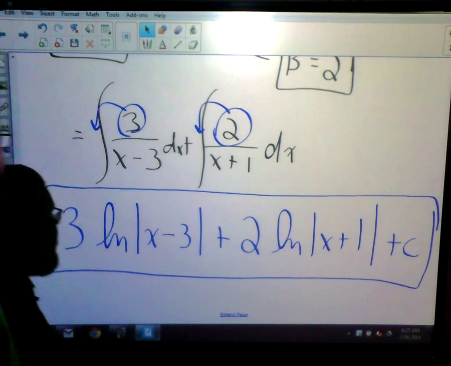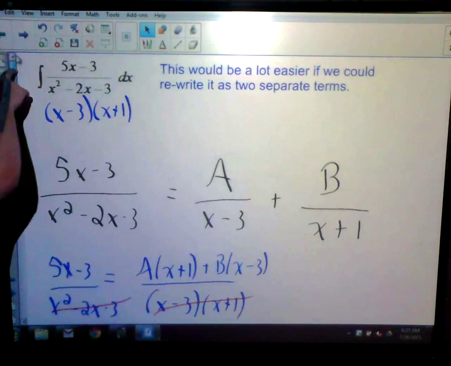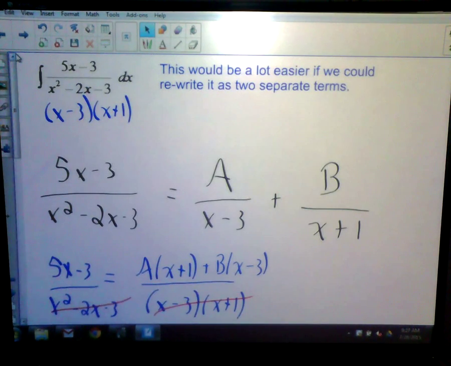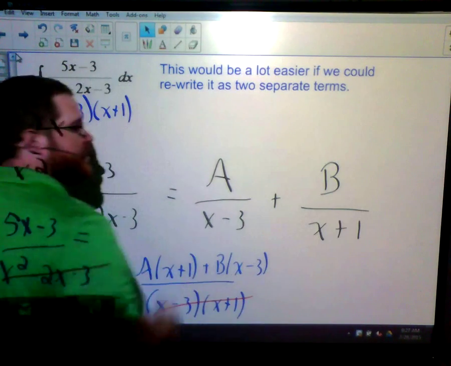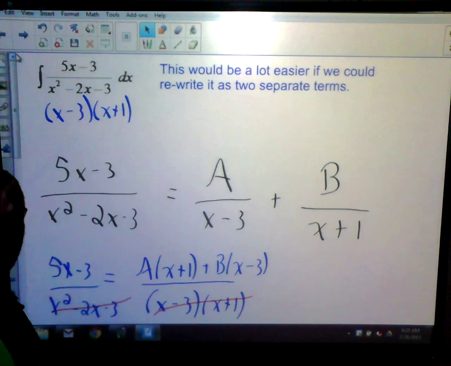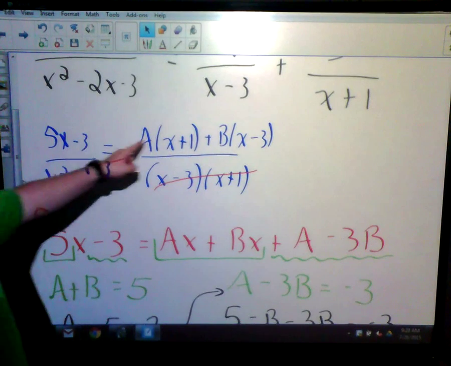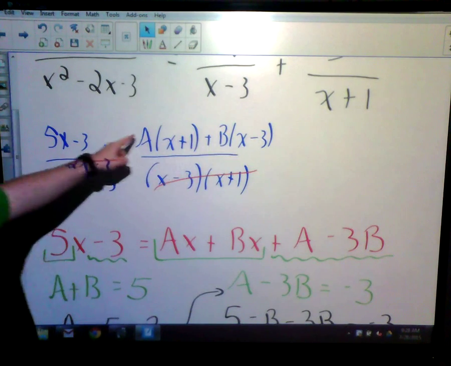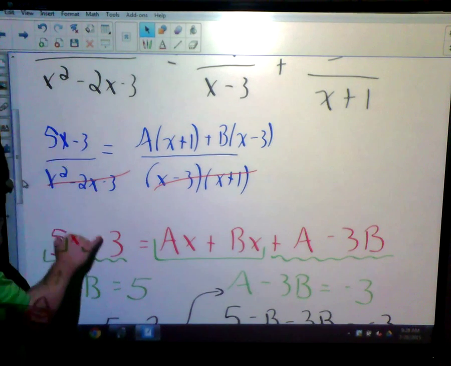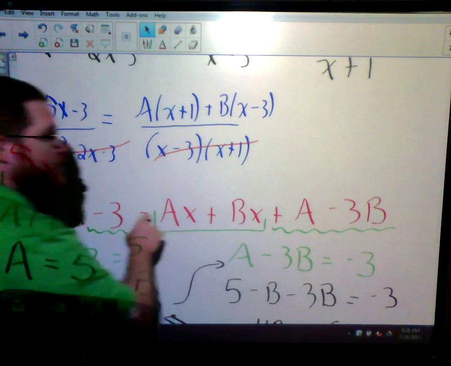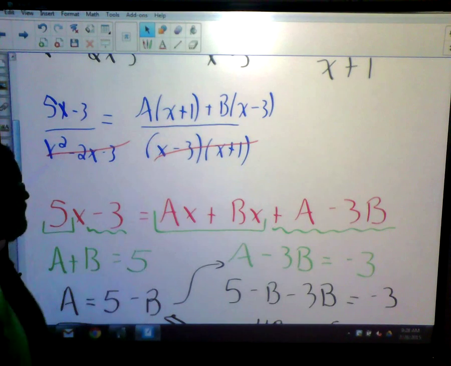So let's take a look at what we did again. I couldn't do u substitution. So I factored the bottom, and I wrote two different fractions that it could be. I cross-multiplied to get my new numerator, and because the denominators were the same, they cancel out. So 5x minus 3 equals, I multiplied the top out.